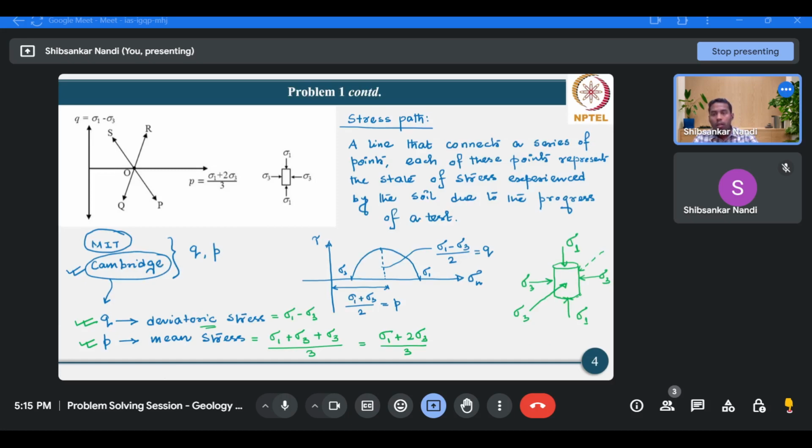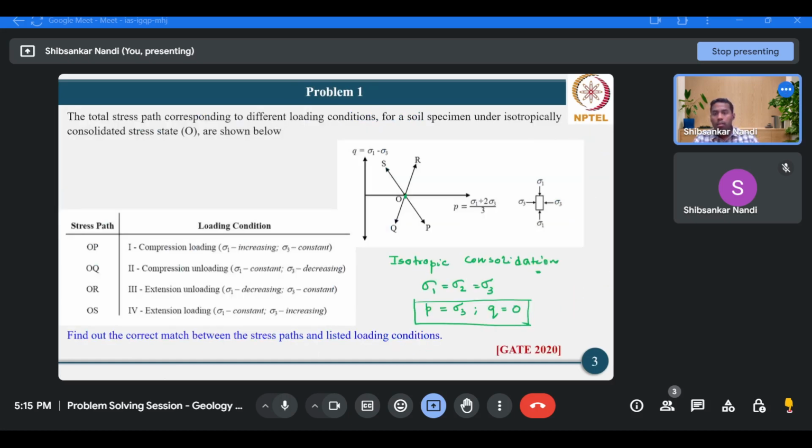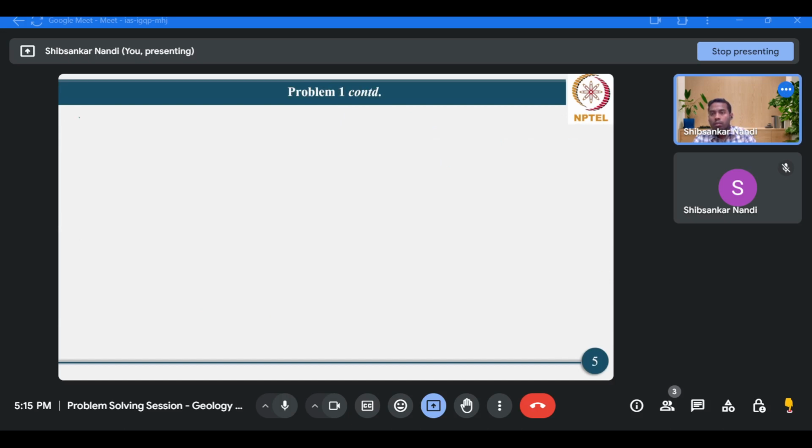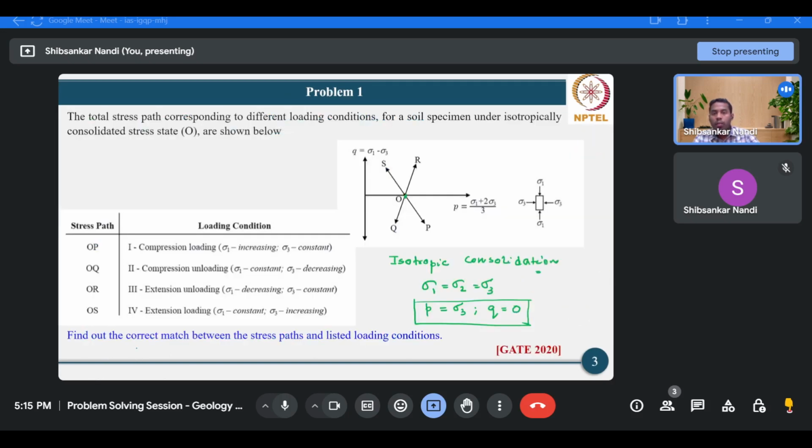Now we'll first start with the compression loading. What are the conditions prescribed for this kind of loading condition? Your sigma 1 is increasing and sigma 3 is constant.